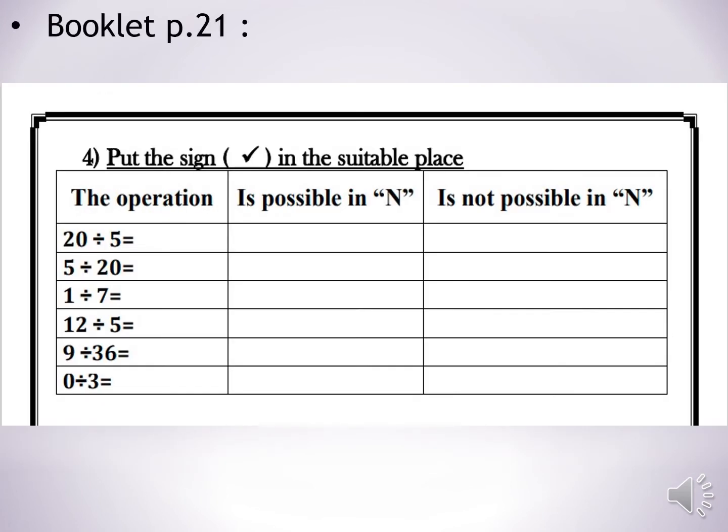Booklet page 21. Put the sign right in the suitable place.